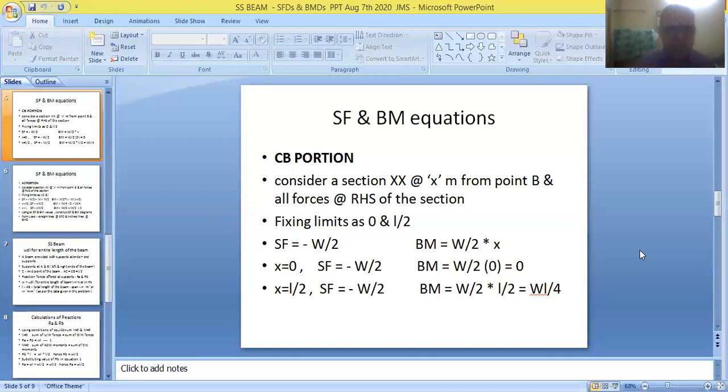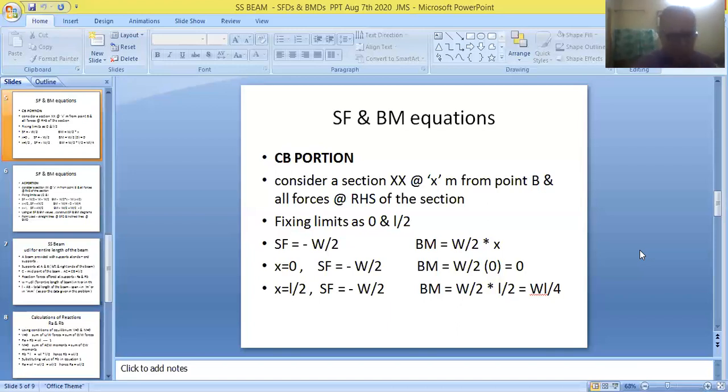Now friends, you take these limits, x is equal to 0. So take the value of x as 0 and substitute in these two equations. So we get the first set of values. SF is independent of x, so therefore it is obtained as minus W by 2. And BM will be obtained as 0, W by 2 into 0, that will be coming to 0.